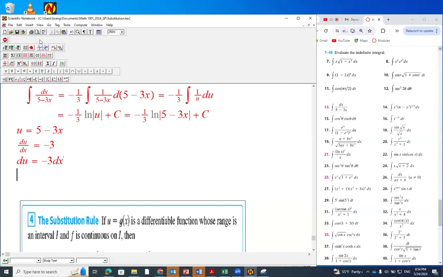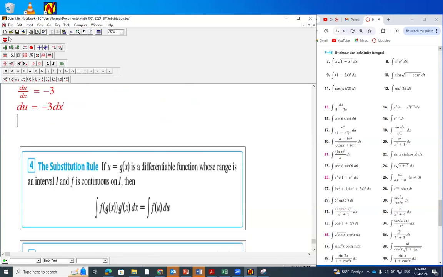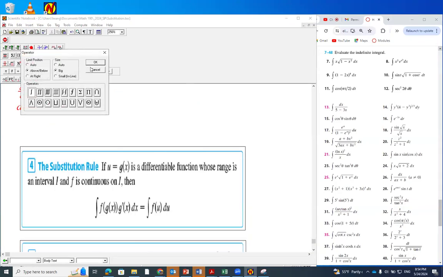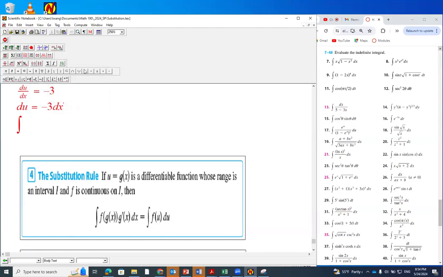Number 15. This is actually rather typical in a simple case. We have cosine to the power 3 theta, multiplied by sine theta d theta.